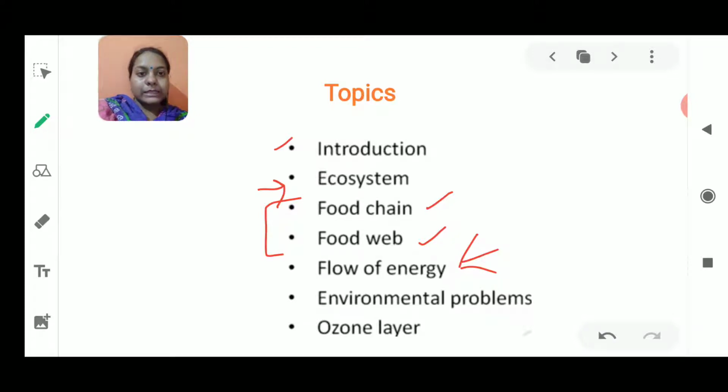Lastly, we are going to study the ozone layer: how it is formed, where it is present, how the ozone layer is being degraded, and what the consequences are of the activities being done nowadays. Okay, so let us go on to the first topic, that is the introduction of this chapter.